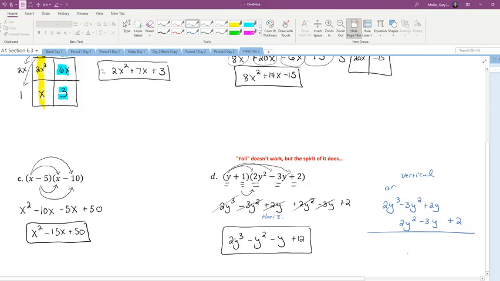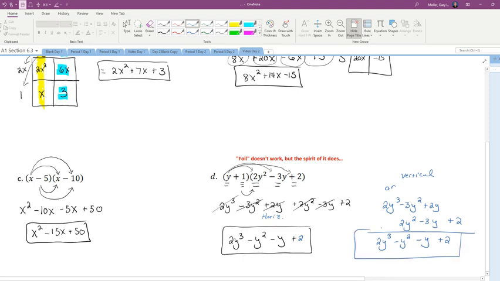Now I'm going to use the vertical method. I can clearly see I have no other y cubes. I can clearly see I have those y squareds. I have those y's, and I have those. Oh, that's not a 12. That's just a 2. Plus 2.